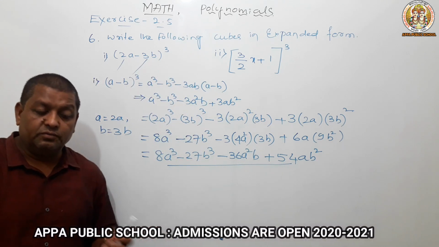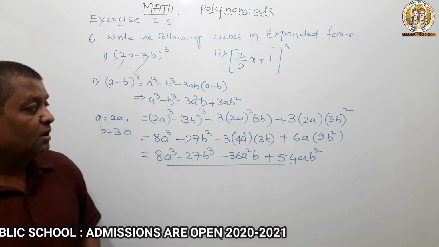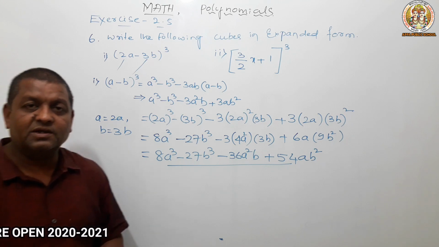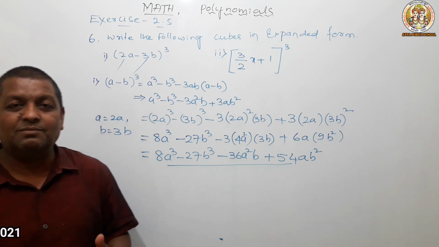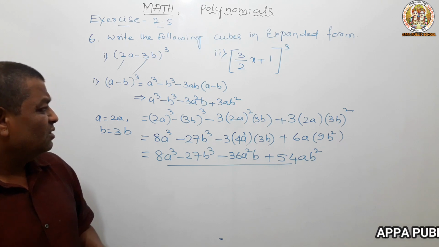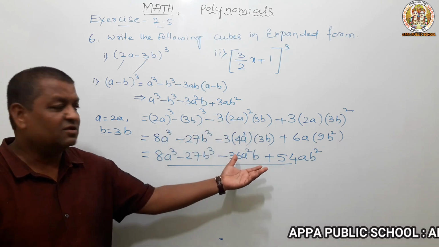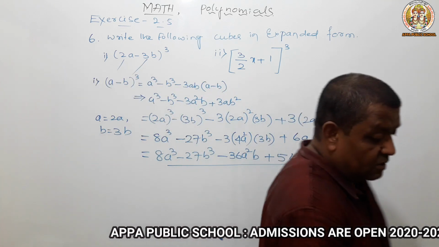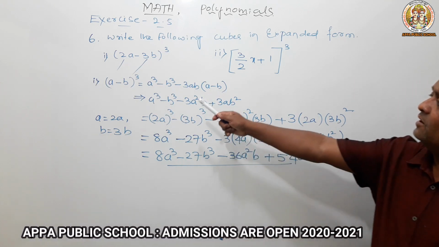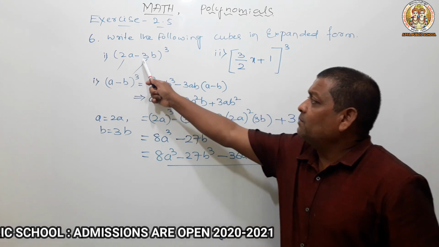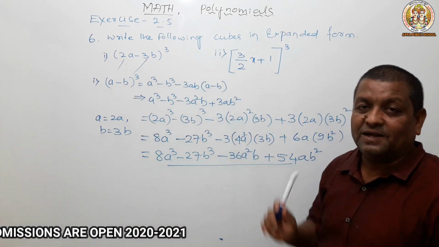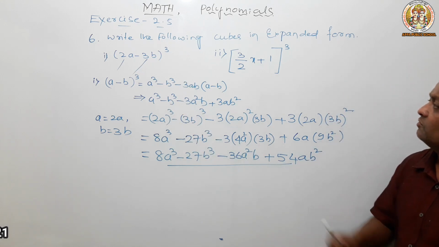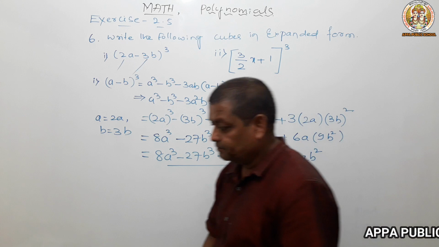My dear students, we need to know a minimum of 20 tables because maths finishes definitely with 4 fundamental operations: addition, subtraction, multiplication and division. If you are strong in tables, then we can use them when we need them. So this is the method of solving the cubic expansion of (2a minus 3b) cube by using the cubic formula. Just go through it for 1 minute, afterwards I will go for another one.